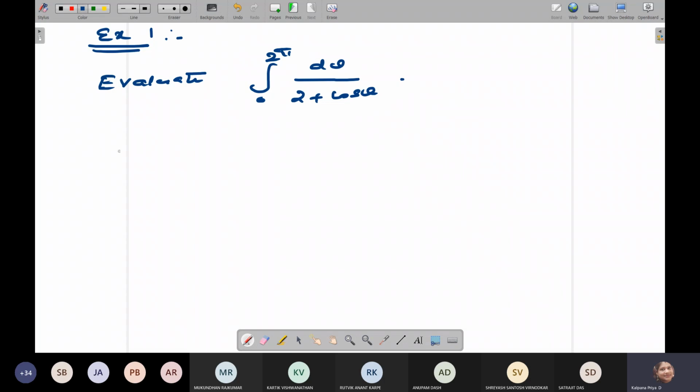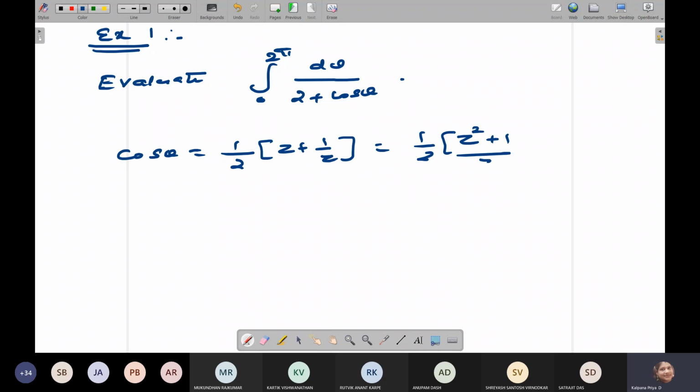Very first step, we know that cos theta will be replaced by 1 by 2 times z plus 1 by z, and d theta is dz by iz.